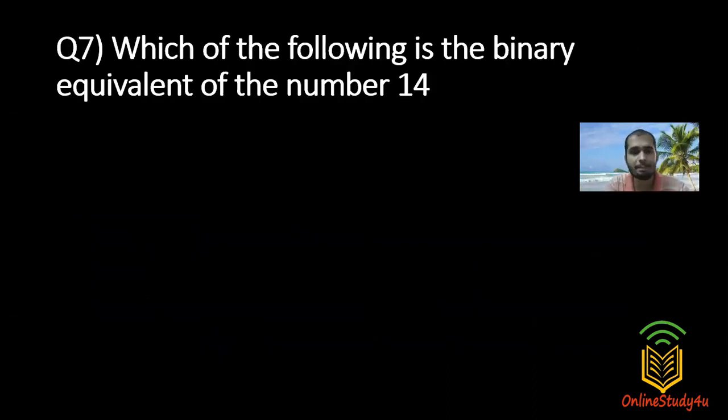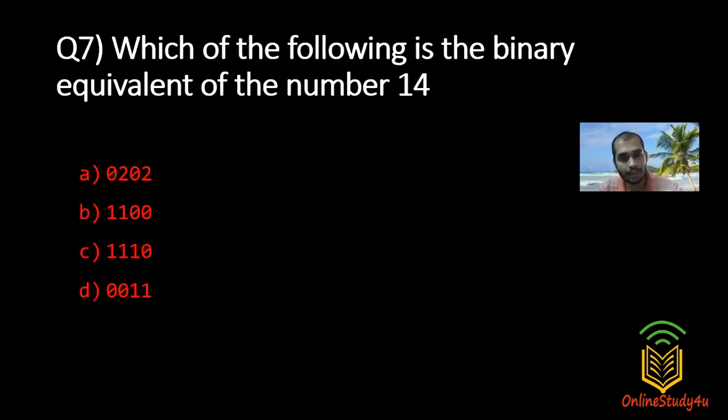Which of the following is the binary equivalent of number 14? Option A 0202, option B 1100, option C 1110, option D 0011. Very simple. We have the number 14. We have to convert it to binary form.